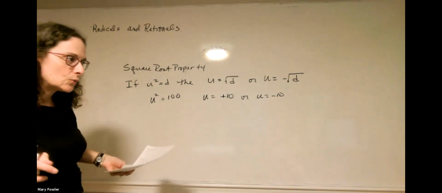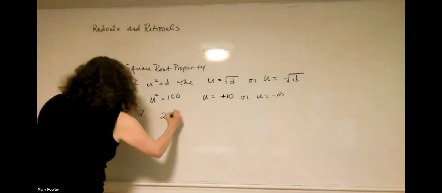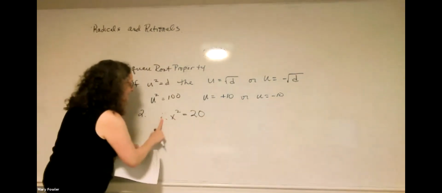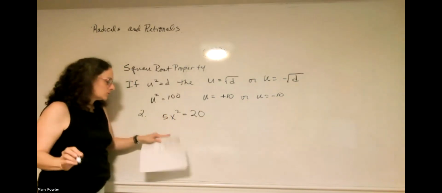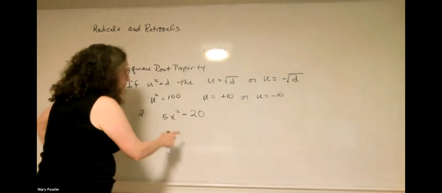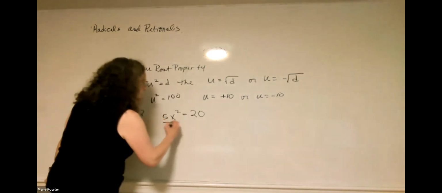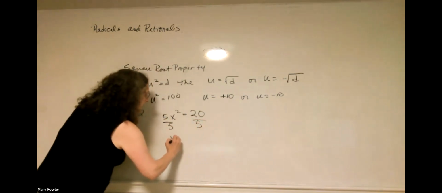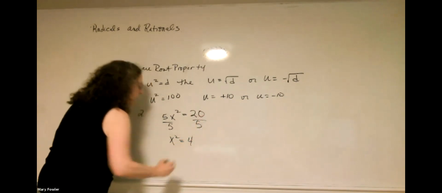We can use the square root property for number 2, to solve the equation 5x squared equals 20. Okay, so when we solve equations, we want to isolate the variable. We're going to start off by dividing both sides by 5, and we get x squared equals 20 divided by 5, which is 4.